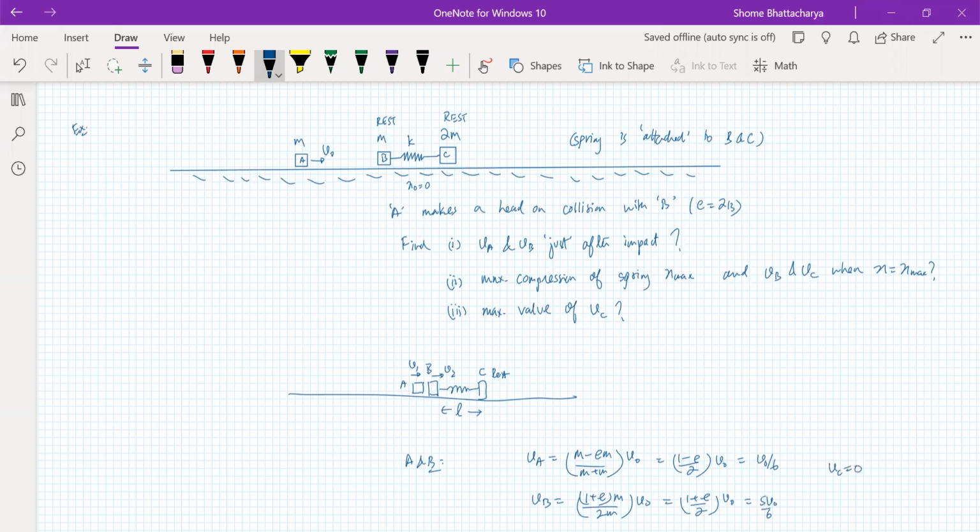So these are the values of VA, VB, and VC just after impact. Yes, Aryan, correct.